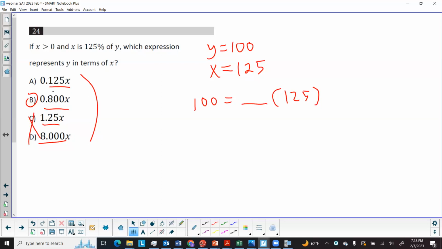It's definitely not 0.125. And of course, you can also use your calculator just to test out the answers at that point. But I like using numbers like 100 when we're dealing with percents because it's really easy to calculate the percent of improvement or decay from the 100 starting point.